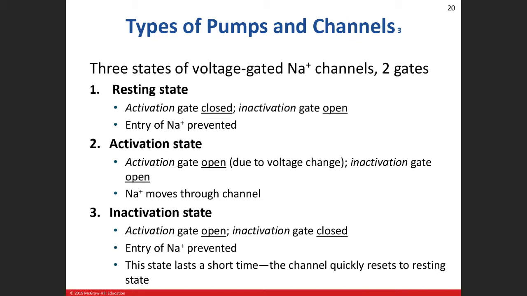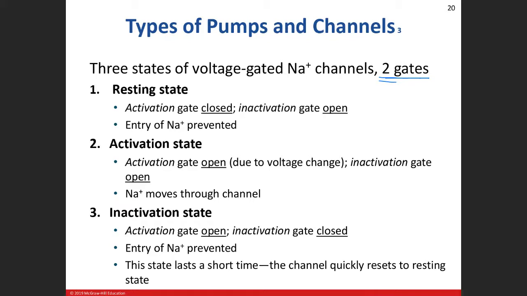So when we're dealing with this type of channel, it's a special kind of channel because this channel has two gates. The other channels I was talking about, most of those except for this one, have one gate. But this one is special.